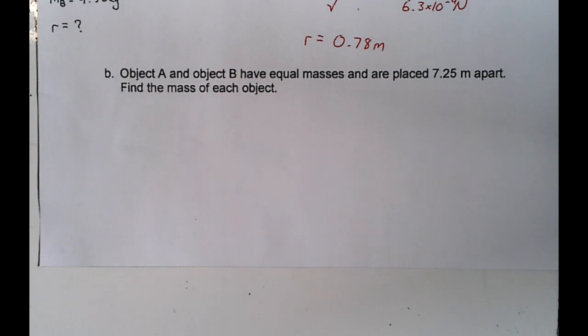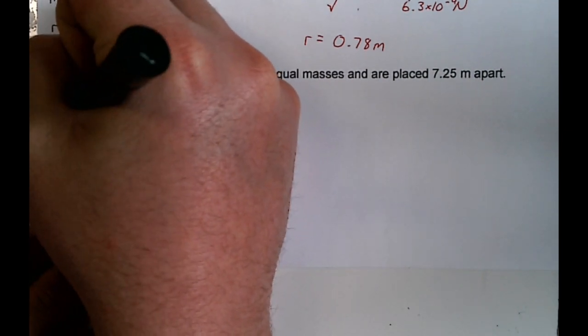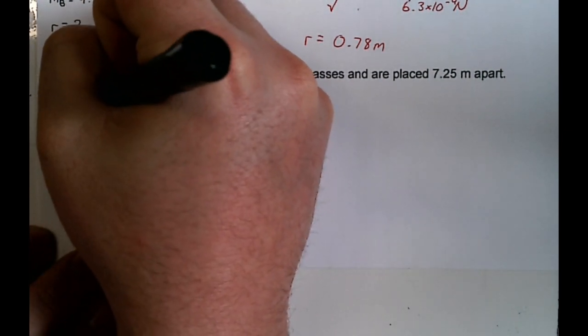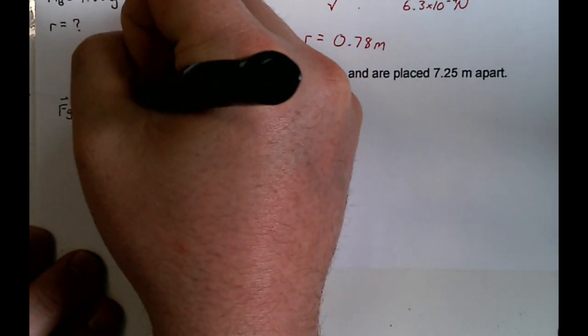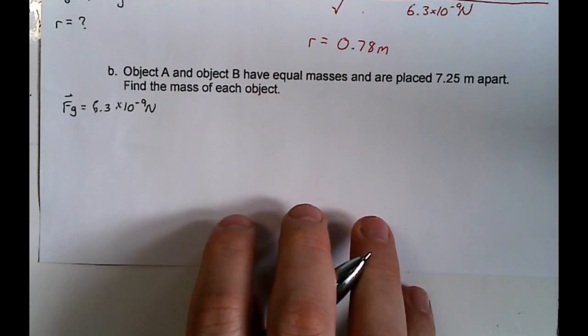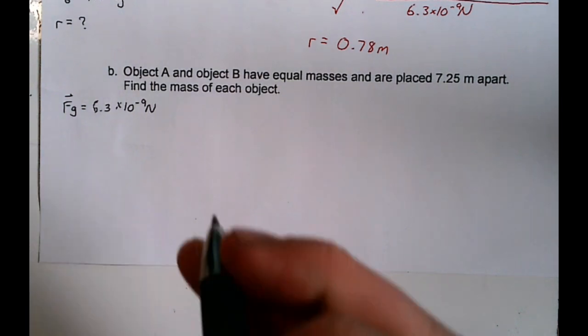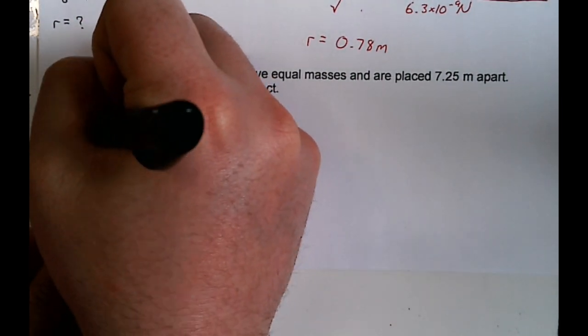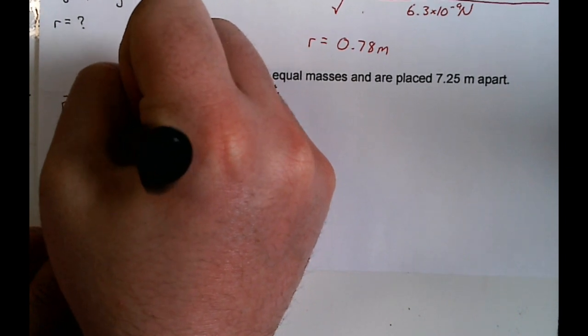So again, I like to write down everything I know. In this case, our force due to gravity was given above, and that is 6.3 times 10 to the negative 9 newtons. We also were given what our distance between the objects is, and that is 7.25 meters.